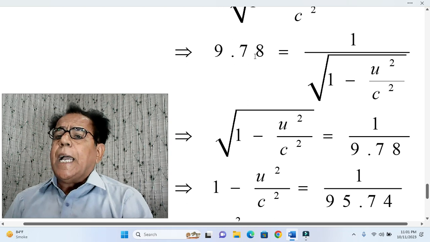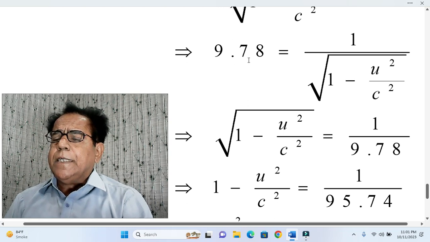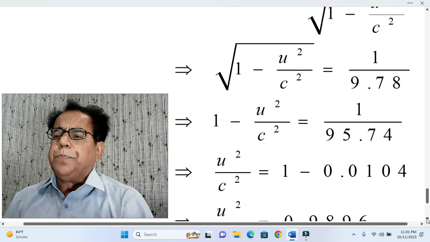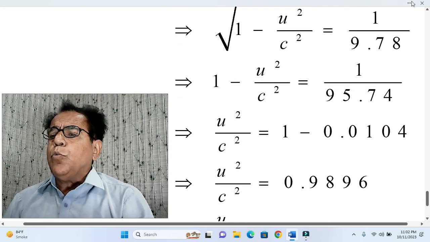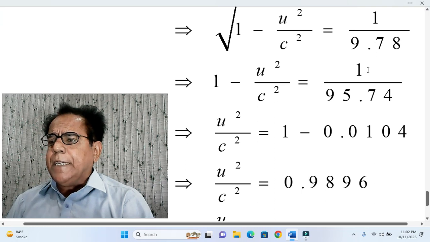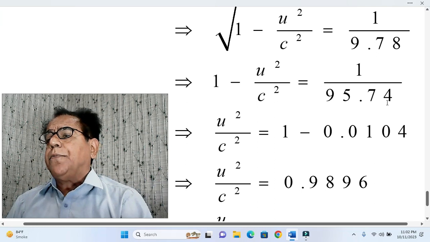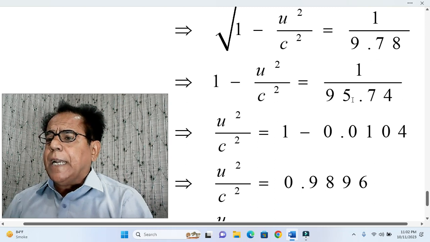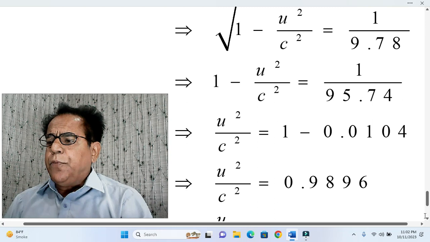However, 9.78, which is in the numerator on the left side, will become the denominator on the other side of the equality after being shifted. Now we take the square on both sides. When we take the square on both sides, it becomes 1 over 95.74, that is to say the square of 9.78 is 95.74.